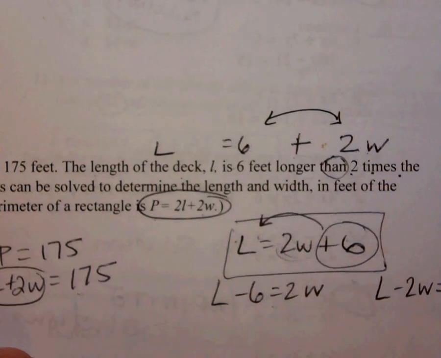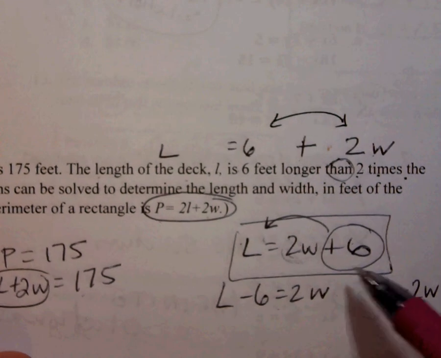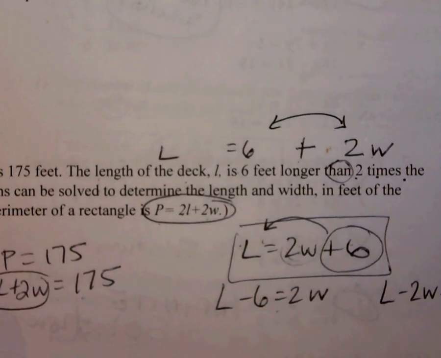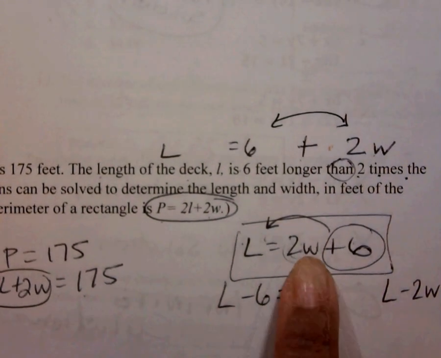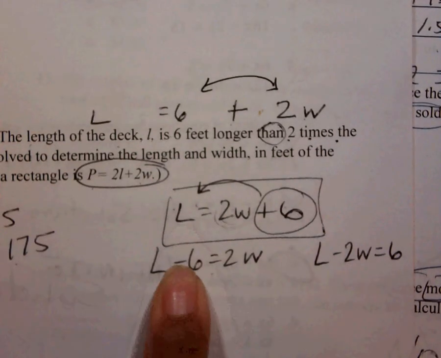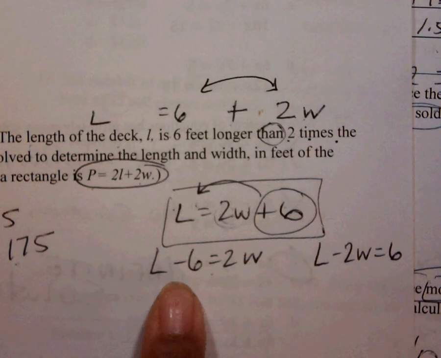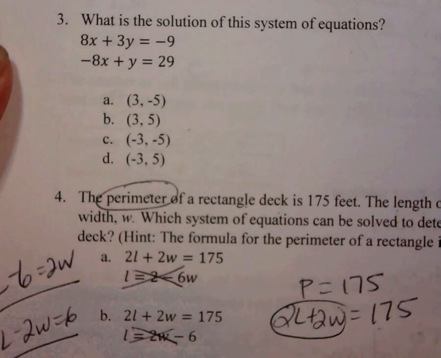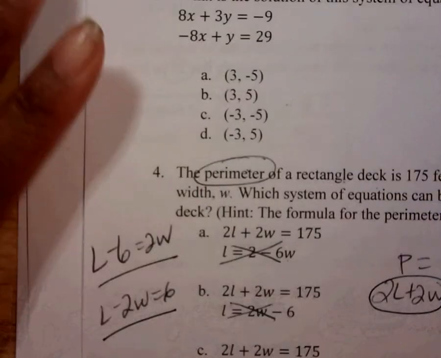But when I look at A, B, C, D, my answer choices, I notice that I have minus signs. So that means the 2W needs to come over and become minus 2W, or the 6 needs to come over and become minus 6. I don't know, so I write my 2 possible choices down, and we look.